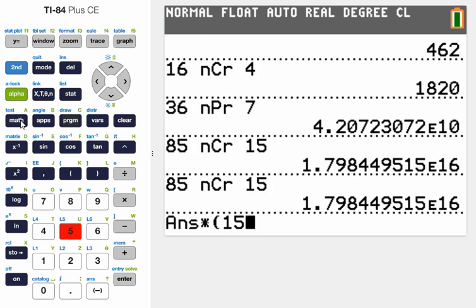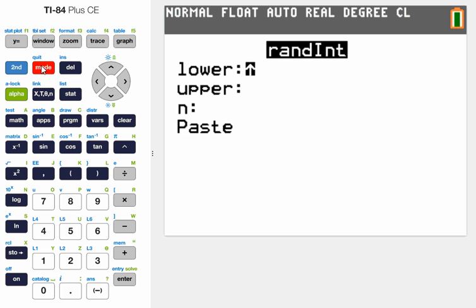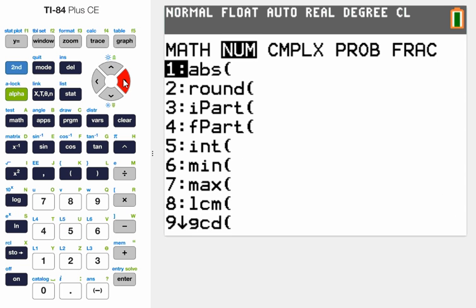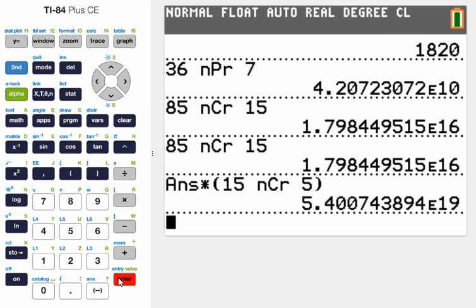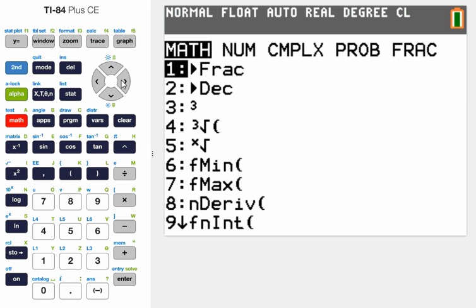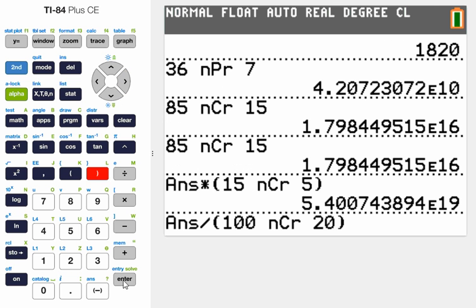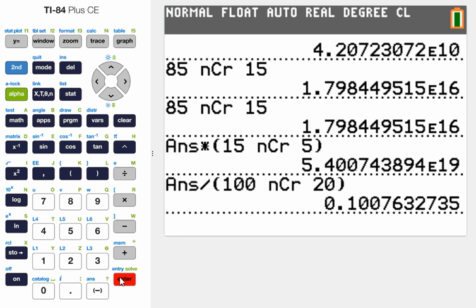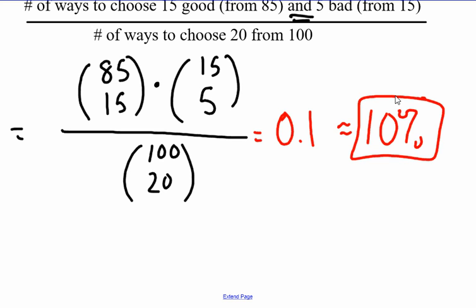So 15 math, choose 5. Find what that is, even larger. Divided by the total. So from 100, I am choosing 20. And the likelihood I put out that arrangement is about 10%, 0.1. So about 10% likelihood that that actually occurs, of putting out 15 goods and 5 bads out of the 20 from the 100.